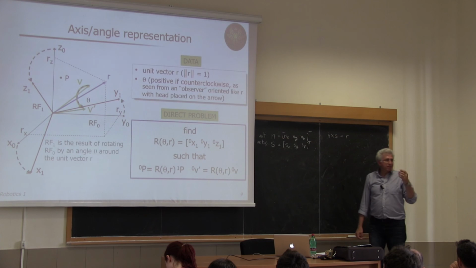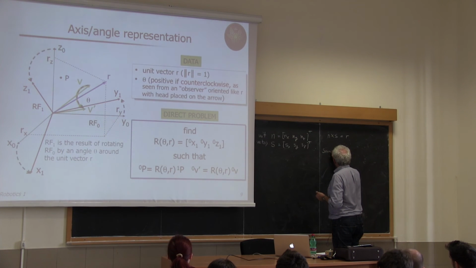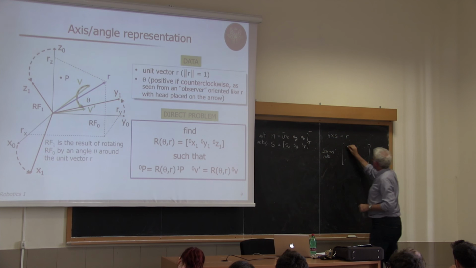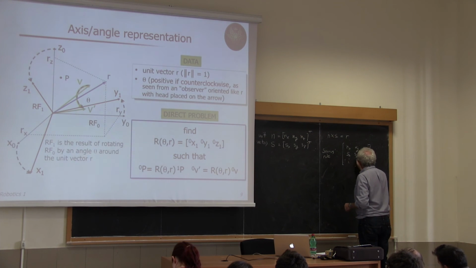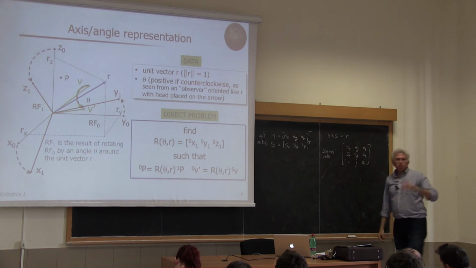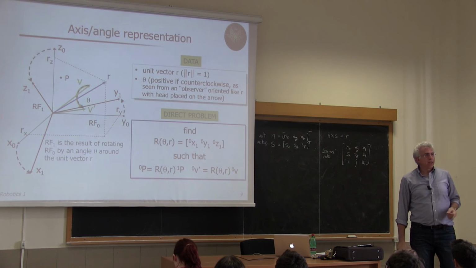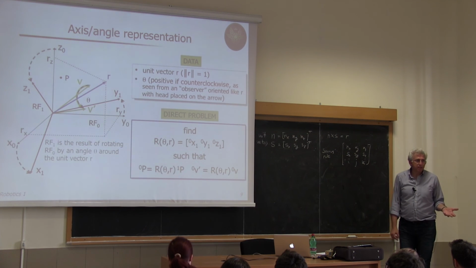There's an easy trick, which I think goes under the Sarrus rule. And you do the following. You organize the two vectors as rows of a matrix. And then you put e_i, e_j, e_k, which characterize the unit direction of the axes x, y, z of the components. And then you compute the determinant.